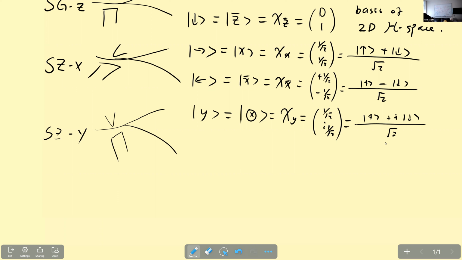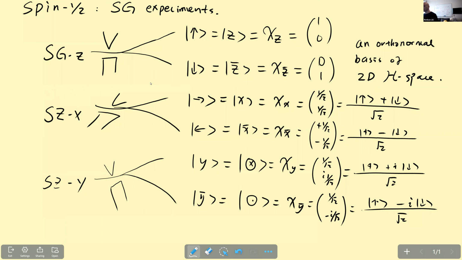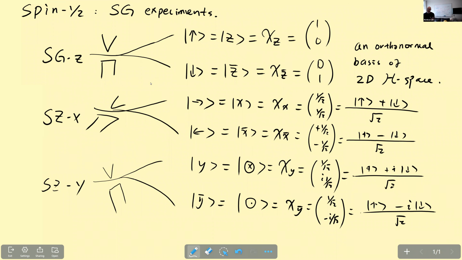The difference you can see is that there's a phase factor if we compare this to the states in the x direction. So these are the states corresponding to the possibilities of the Stern-Gerlach experiments in the z, x, and y directions.